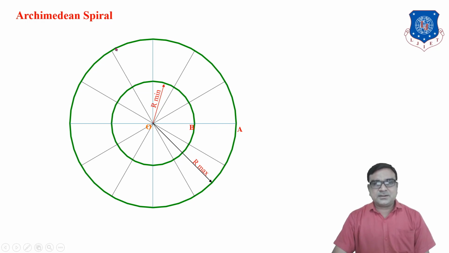Because we are using one convolution of the circle, and the circle is divided into 12 parts, the linear movement of the point of spiral is 60 mm during one convolution. So we have to divide this AB line also into 12 equal parts. First of all, we put the numbers on the outer circle, 1 to 12. Now divide this AB line into 12 equal parts.